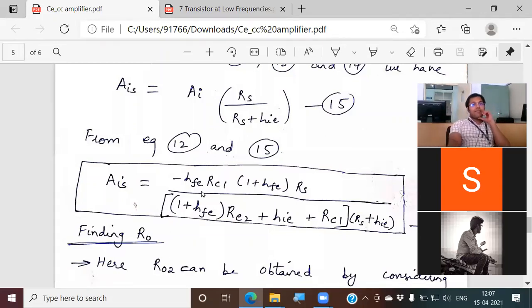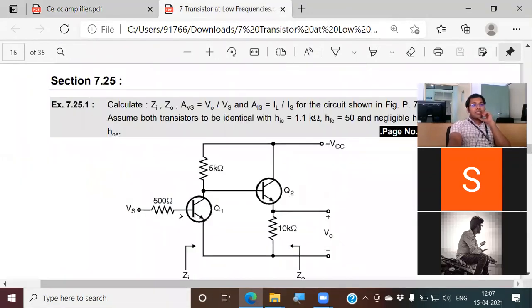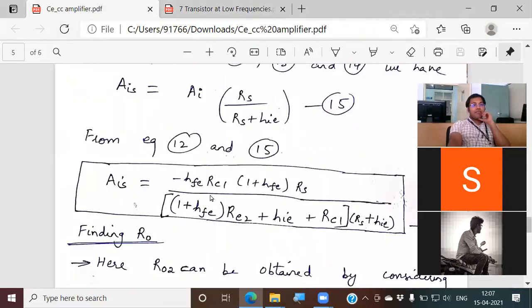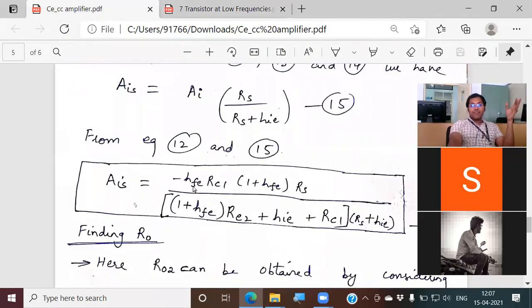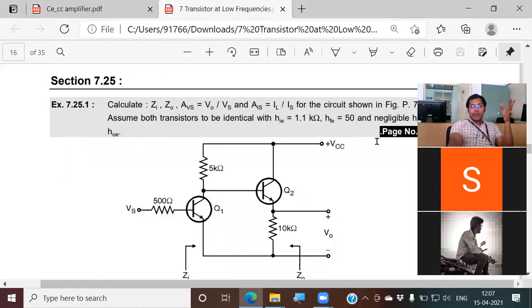You can do it like this. HFE is 50, 50 multiplied by RC1 which is 5K, so 50 multiplied by 5,000. 50 plus 1 is 51, so 50 into 5,000 into 51 into RS. RS is 500, so 50 into 5,000 into 51 by 500, divided by, again this is 51 into RE2, 10K is 10,000.